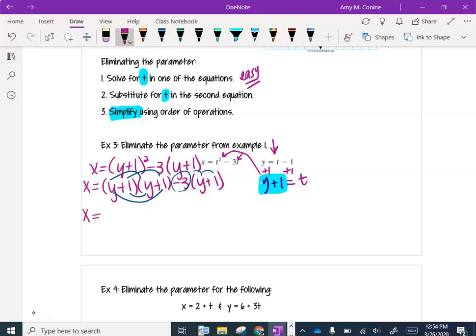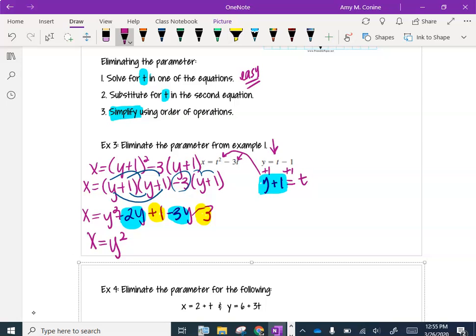But when all is said and done, you should get your y squared plus 2y plus 1 from your foiling, and then minus 3y minus 3 from distributing your -3. At this point, you combine like terms. You have your y's that go together, and you've got your 1 and -3 that go together. So I should have y squared minus y minus 2. That is my new equation.